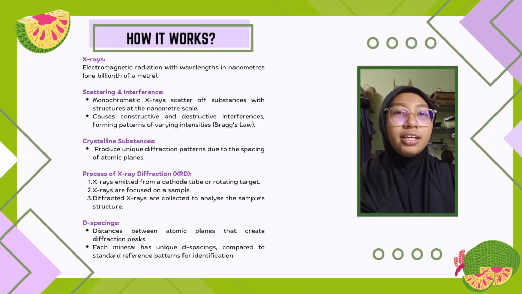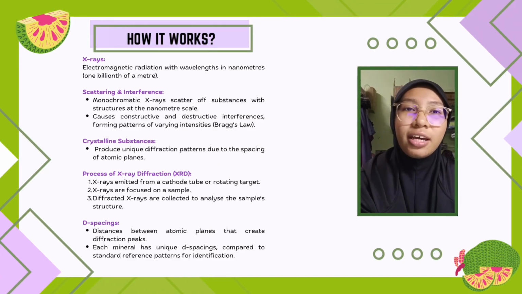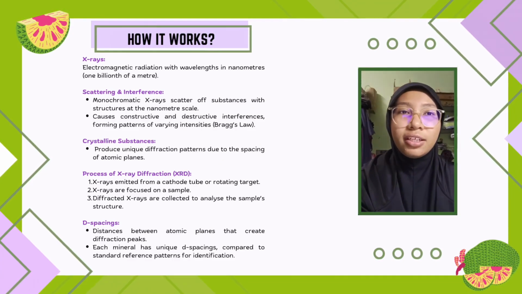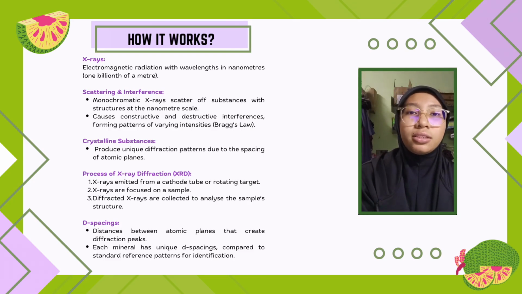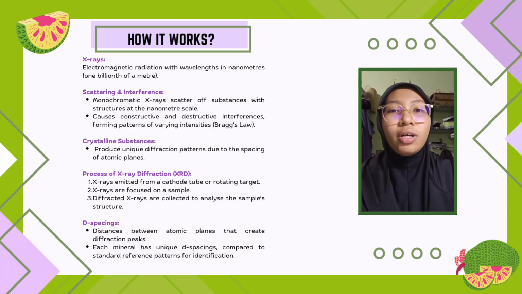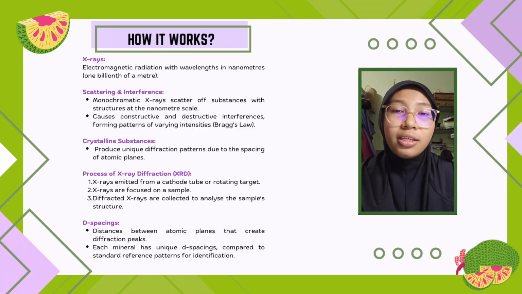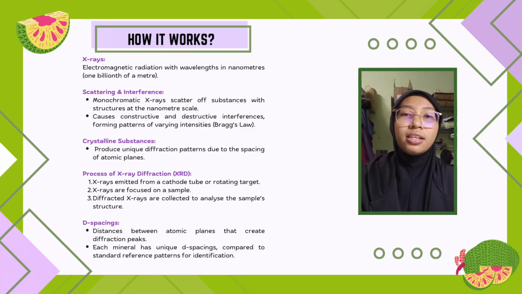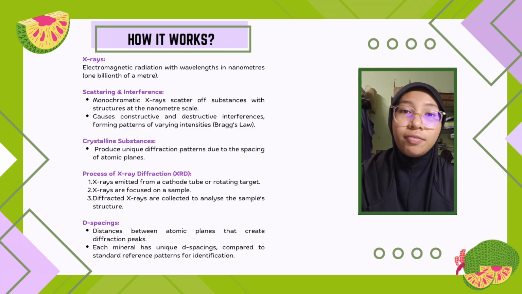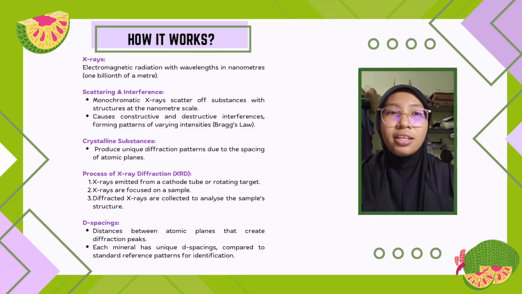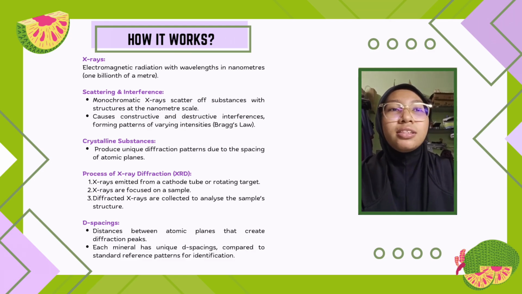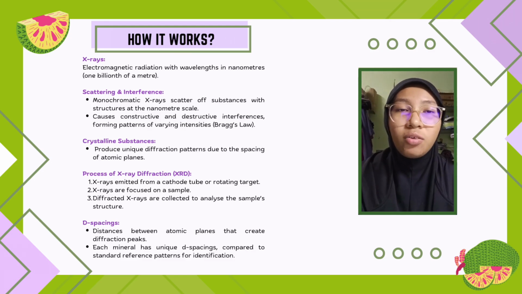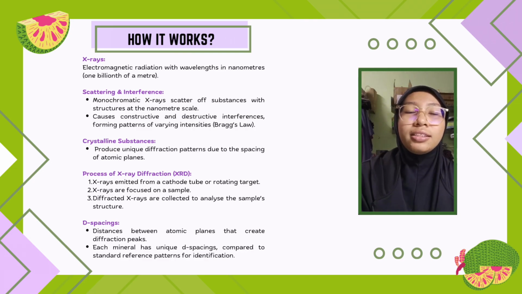First, what are X-rays? X-rays are a type of electromagnetic radiation with very short wavelengths, measured in nanometers. To give you an idea, 1 nanometer is a billionth of a meter. Next, let's talk about scattering and interference. When monochromatic X-rays, meaning X-rays with a single wavelength, hit a substance with a structure at the nanometer scale, they scatter.